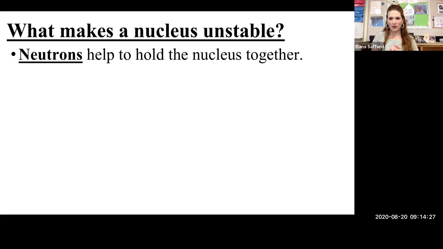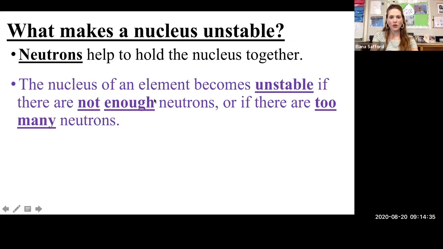They might not have charge, but they do have weight. Neutrons have weight, so they make everything stick together there in the center. The nucleus of an element will become unstable if there aren't enough neutrons, or if there are too many. Like I said, if there are not enough, the atom will be too light. If there are way too many, the atom will be too heavy. Both of these cause a big problem for an atom.